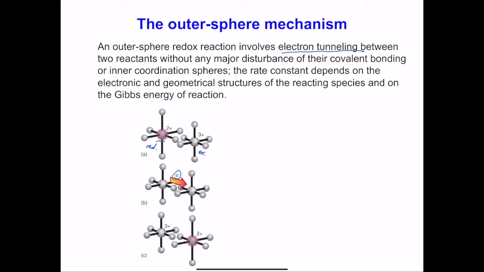Then you end up with the right side species hosting the electron. You see the redox change, right? This side goes from 2 plus to 3 plus, and this side goes from 3 plus to 2 plus. Here you gain the electron, here you lose an electron. So no bridging ligand is involved in this reaction.